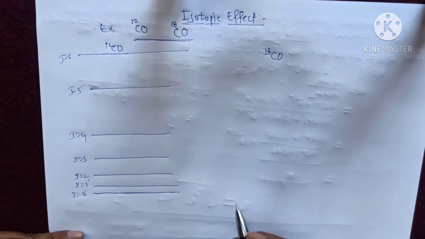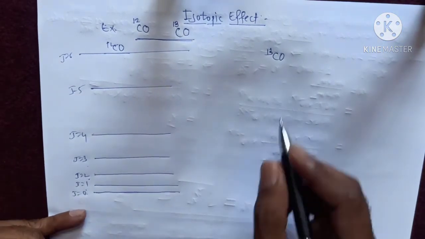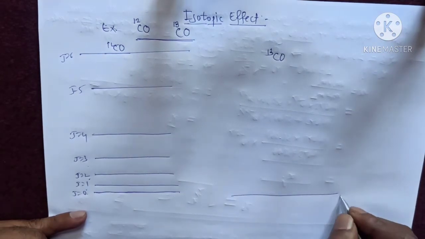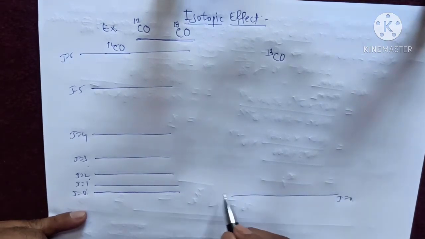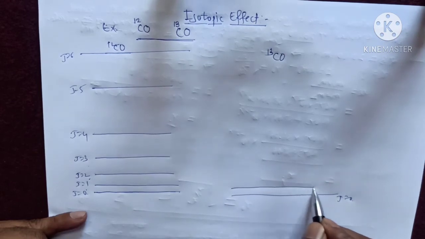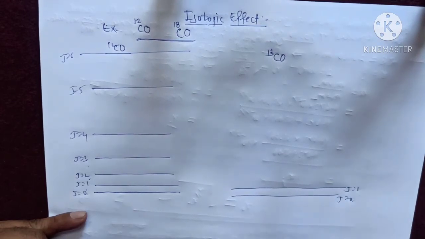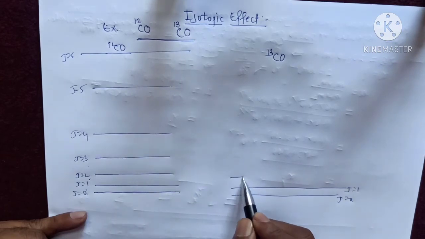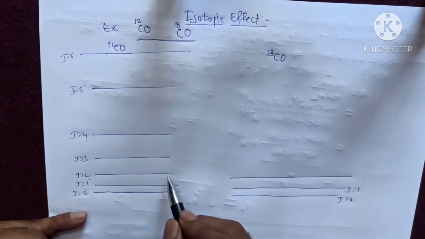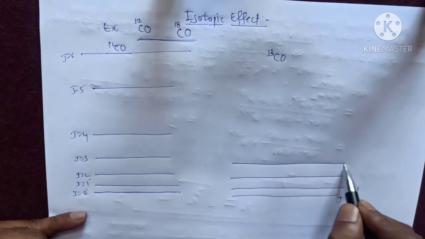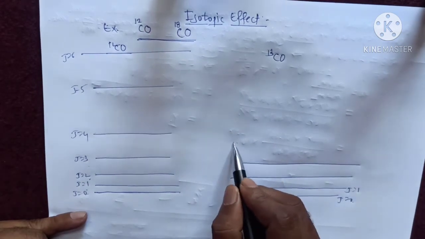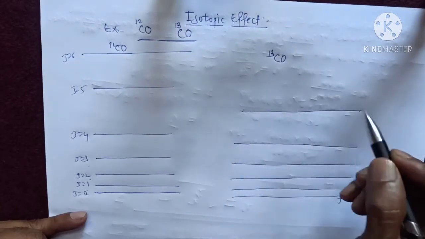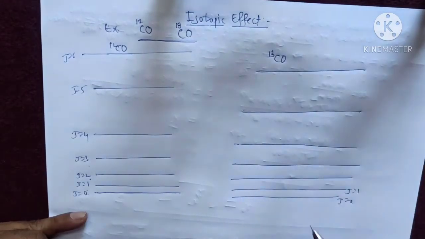Now, in case of carbon 13, in the ground state we have the same situation. That is, J equal to 0. For J equal to 1, we get the same line. For J equal to 2, we get a line like this. For J equal to 3, we get another energy level, and for 5 and 6 we get these energy levels.